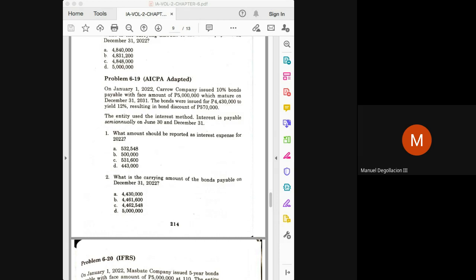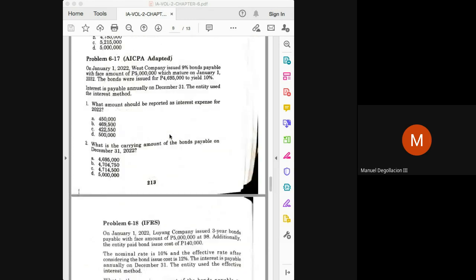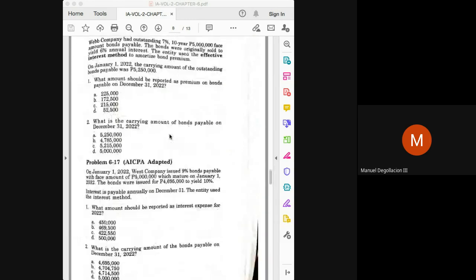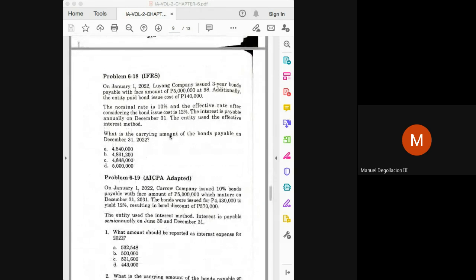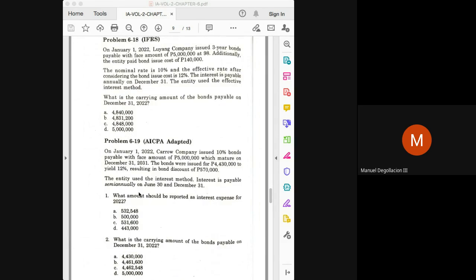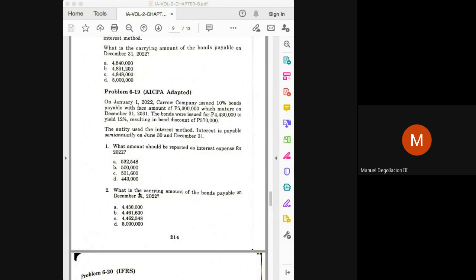Okay, so you can actually just go back to our discussion on problems 6-17 and 6-16, wherein we expanded the problem to include year 2. It's basically the same, class, except that we will be merging year 1 and year 2. Okay, I hope you're able to get this problem.